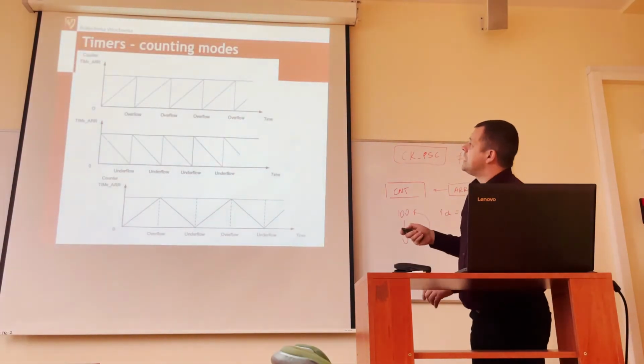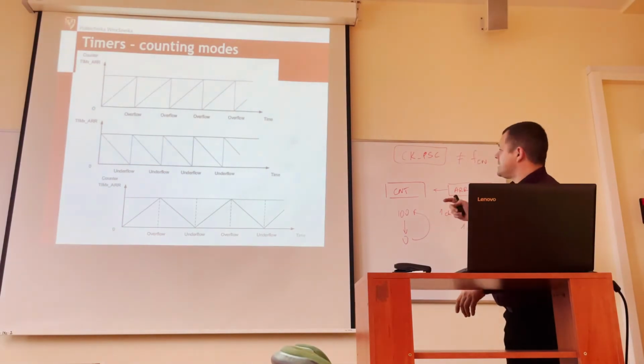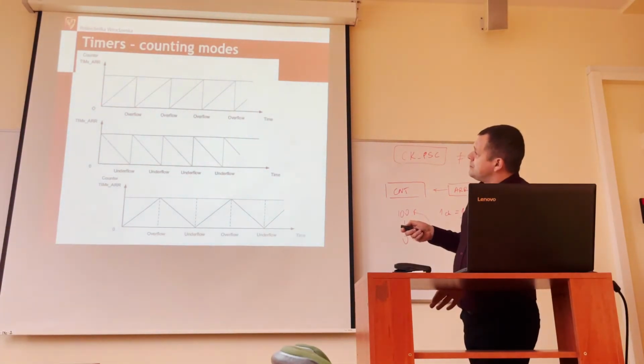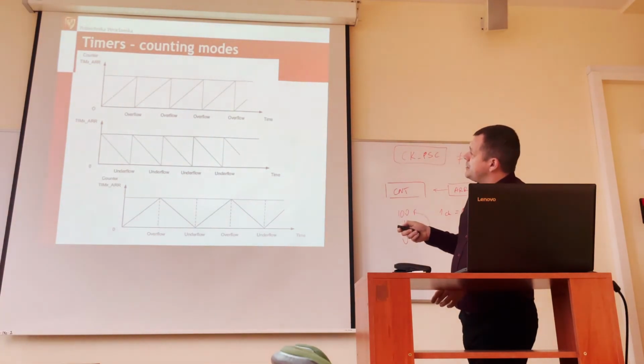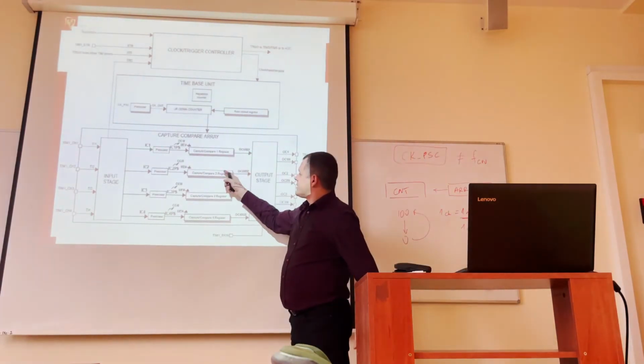For example, here is the counter value and the auto reload. When we overflow, the counter comes up, overflow, comes up, overflow, and so on. But we can generate an interrupt at the overflow, and we can also generate an interrupt at certain thresholds. These thresholds are set in this compare register.